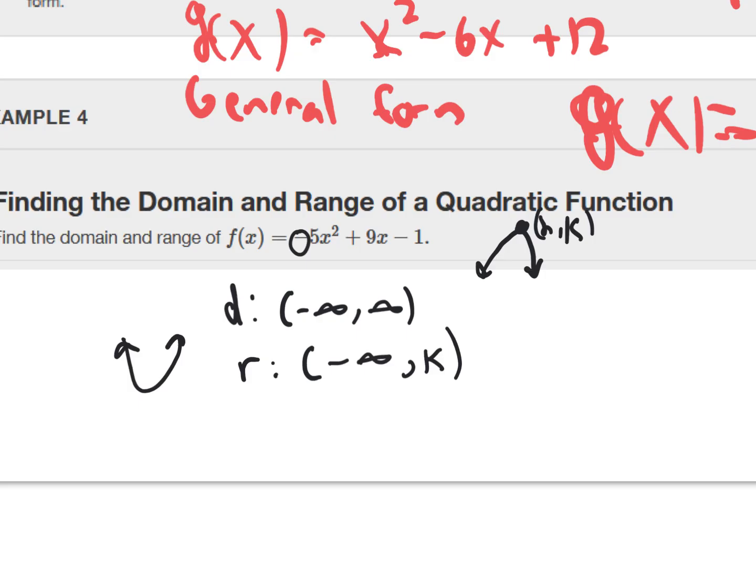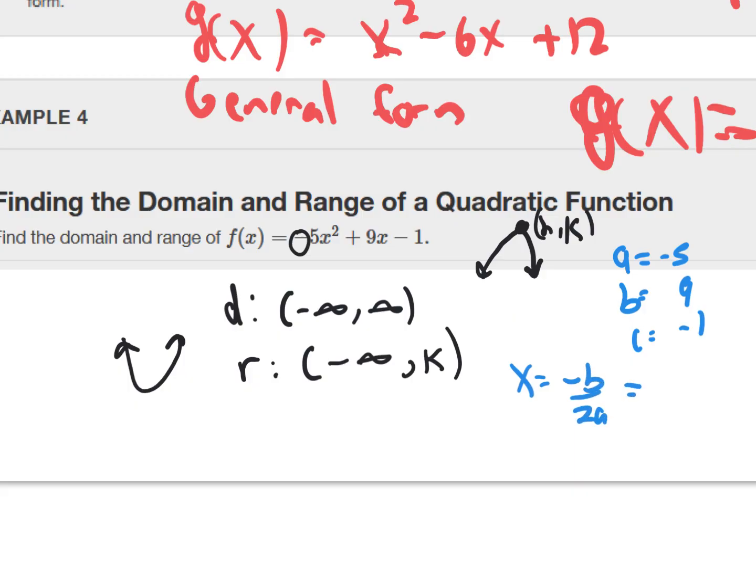A is a negative 5. B is a positive 9. And C is a negative 1. What do I need for the vertex? First, I need my x equals minus b divided by 2a.